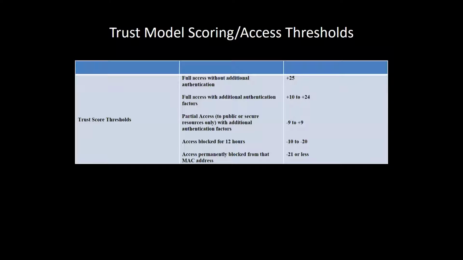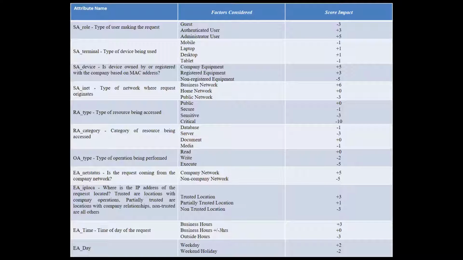So let's take a look at the previous slide, please. Just going through a few of the factors: the first one is the type of the user, the role of the user, guest, authenticator or administrator. Which type of device is the user using, mobile or laptop, and what kind of device, whether it is given by the company or not, registered equipment, which is again based on MAC address.